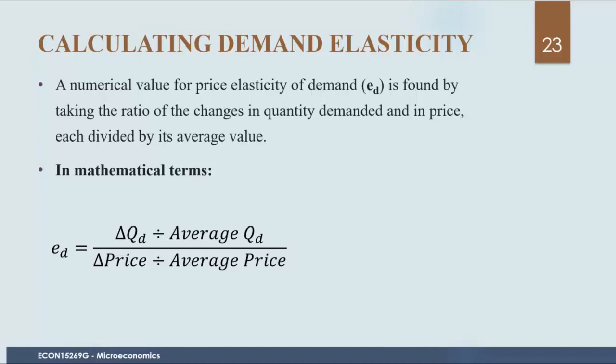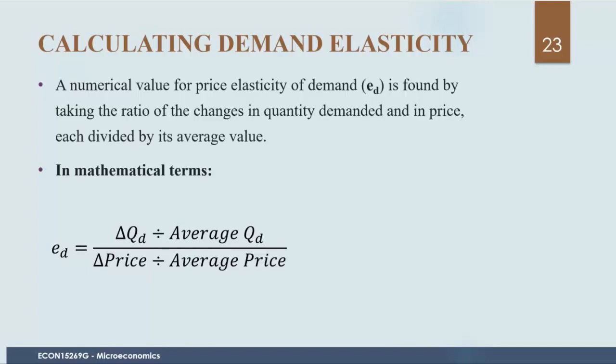So that is actually called the midpoint formula way of doing it. And so that's how we'll do it when we calculate elasticity. Again, the price elasticity of demand formula in general is the percentage change in the quantity demanded divided by the percentage change in the price of the good, okay?